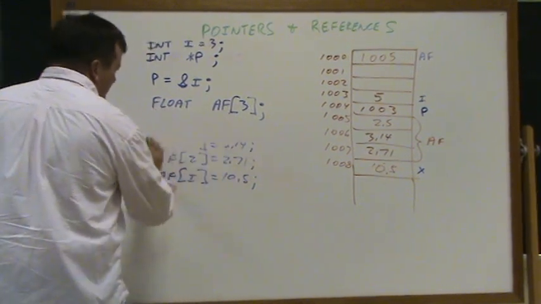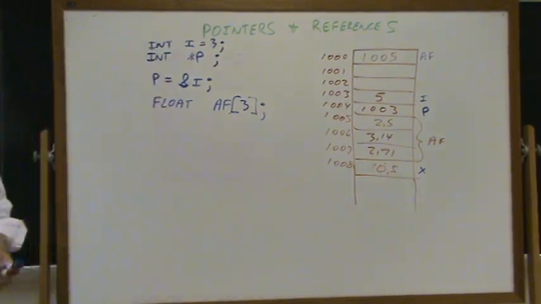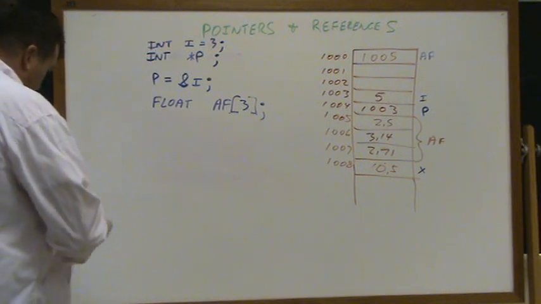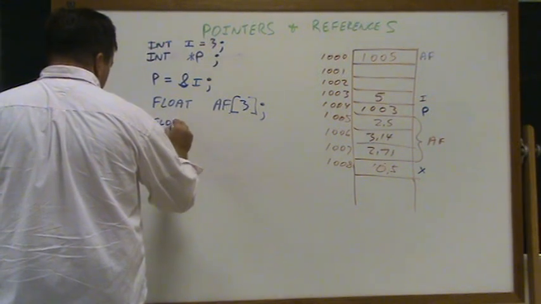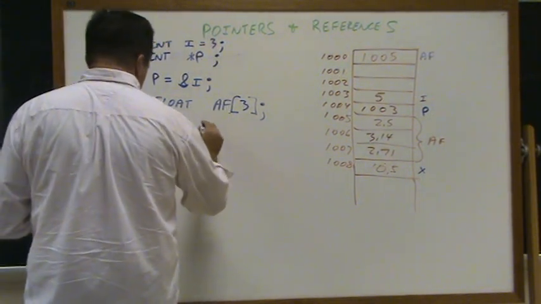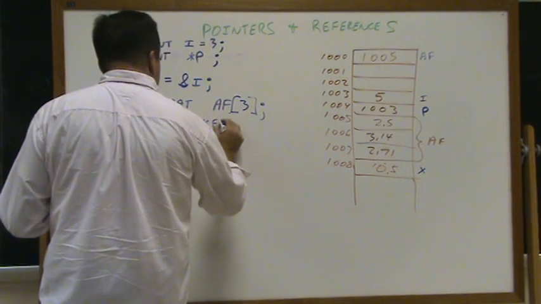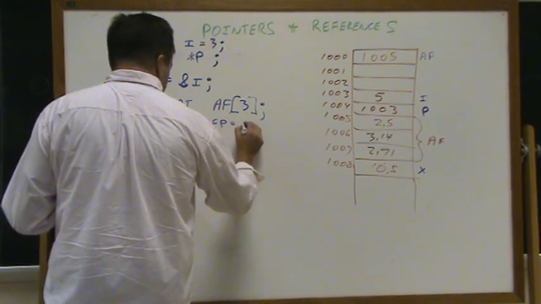I could create a pointer, and the pointer will point to an array like AF. I could say float pointer FP, float pointer, equals AF.